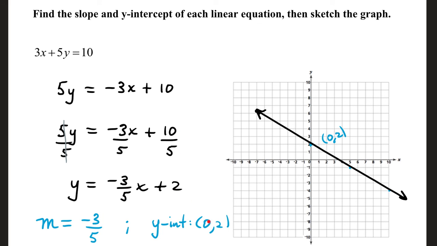Our y-intercept is 2. Our slope is negative 3/5. Plot your y-intercept first, and then negative 3/5 would be down 3 over 5. That's another point we can plot. Connect those 2 points with a line, and you have your graph using slope and y-intercept.